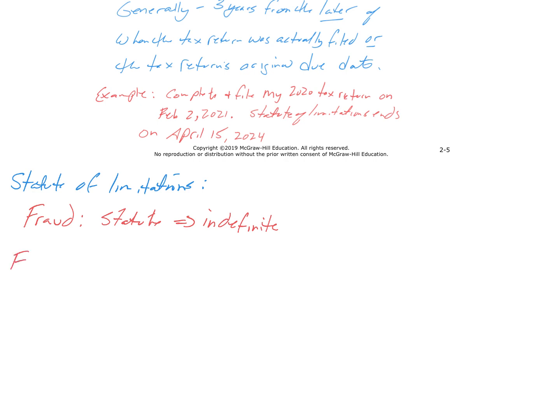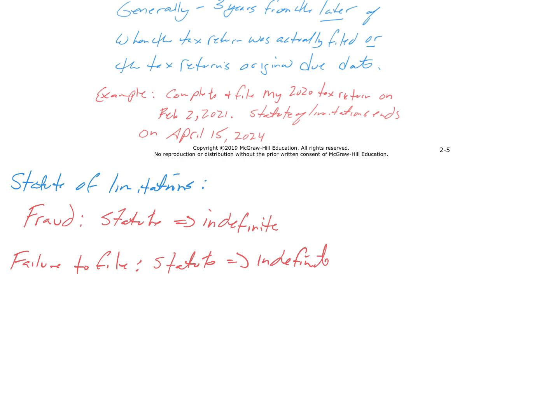What about failure to file? Our example that we were just talking about, you're a single filer, you make $50,000 a year, you should have filed your tax return, but you decide you're not going to. Failure to file, the statute again is indefinite. Now, there's an additional statute that is in between this 3 years and indefinite.